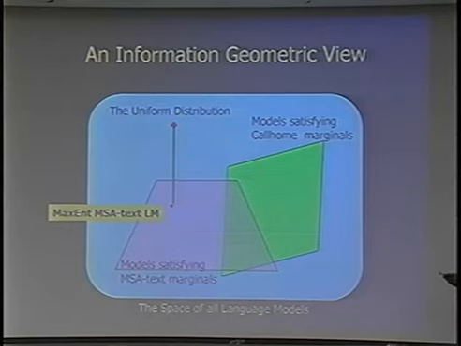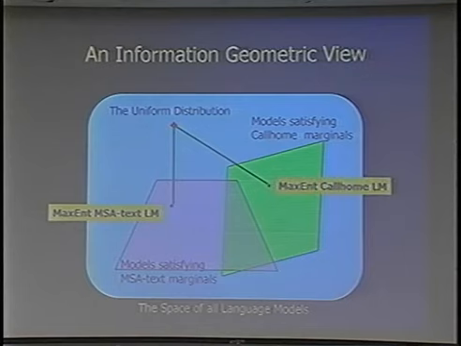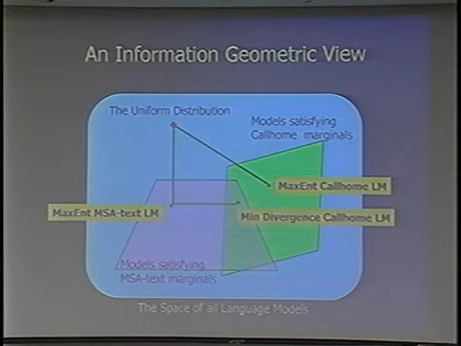Now, in the absence of the MSA text, we can simply build a maximum entropy model, and that model will be closest to the uniform distribution with respect to minimum divergence. But since we want to use the modern standard Arabic language model as a prior, we'll use the minimum divergence technique to select another language model which will be closest to this language model.